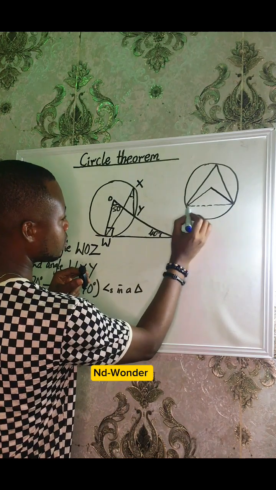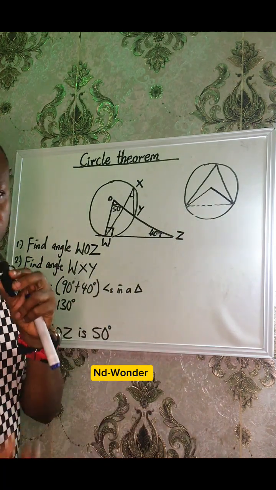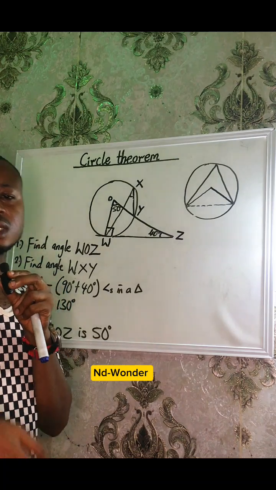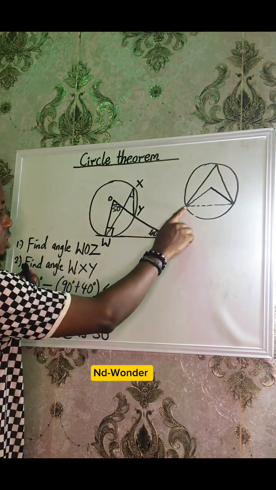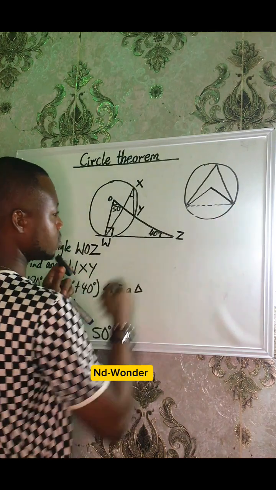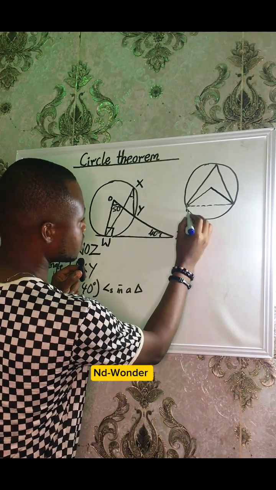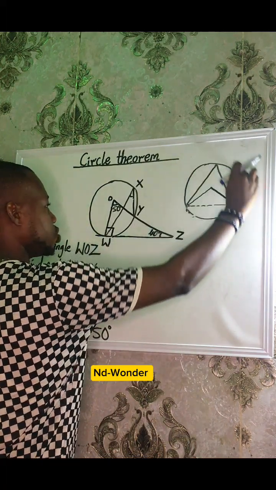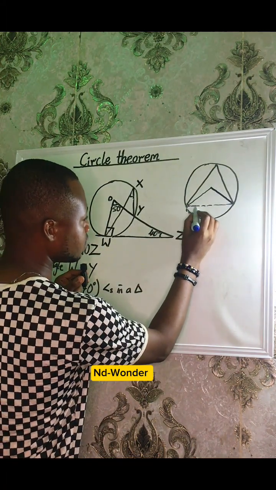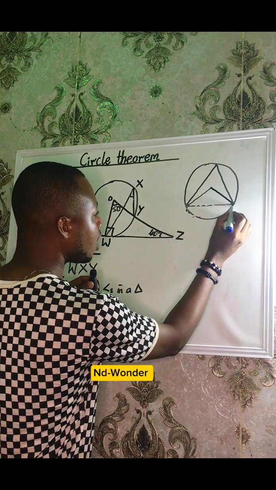They are on the same chord. What do I mean by the angles being subtended? Subtended means things that are created. So they are created by the same chord. It's not even only the chord, even the arc. This is the arc. This is the minor arc and this is the major arc. So they are subtended by the same chord, and also subtended by the same arc.